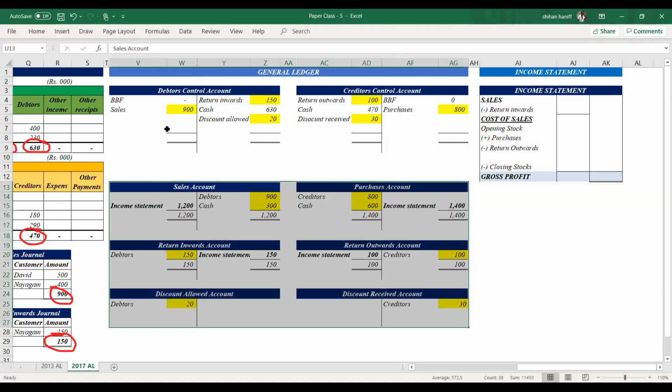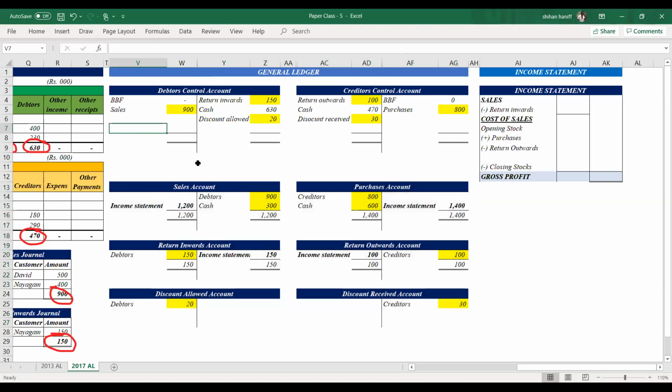Now when it comes to debtors and creditors, assets and liabilities, we take the balances. Let's assume that there is no opening balance, then debtor balance is 100.